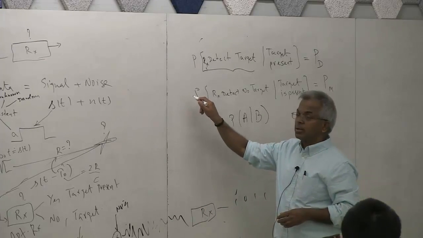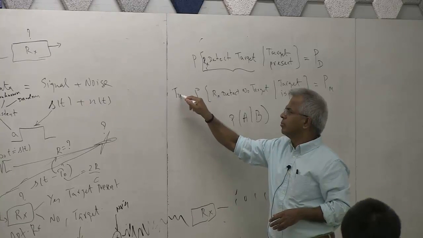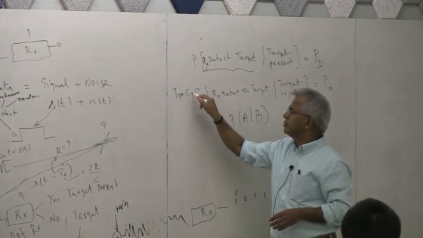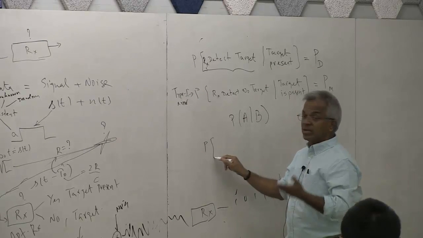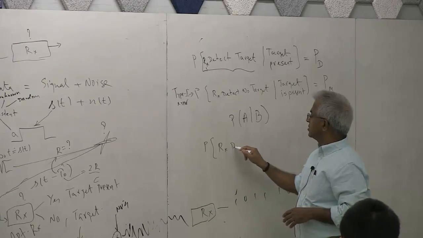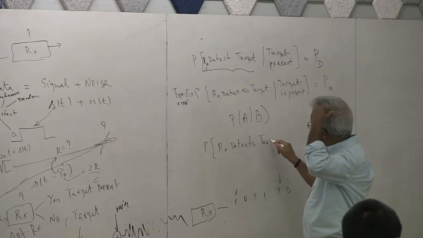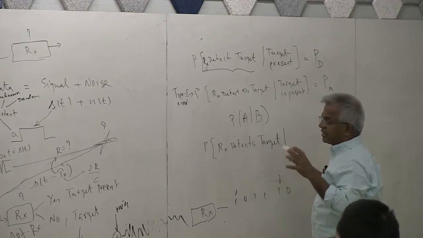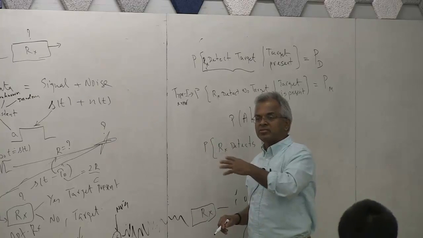Similarly, this is one type of error. I don't remember whether it is type 1 or type 2. Another one is the other way. You say the receiver detects target. So the receiver takes the data, whatever algorithm you put in, it processes the data and then makes a decision.